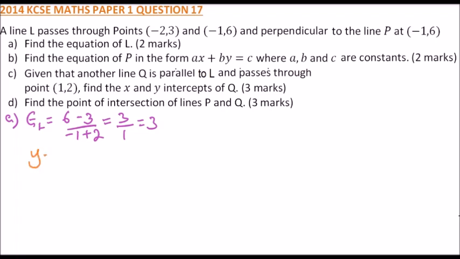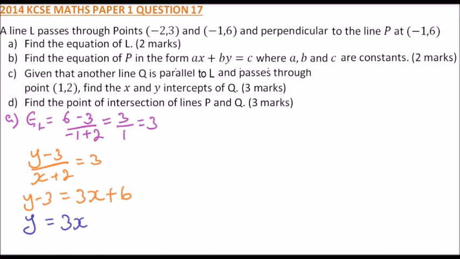So we say y minus 3 divided by x plus 2 is equal to 3. So you cross multiply, y minus 3 is equal to 3x plus 6. Take minus 3 to the other side, it becomes positive. y is equal to 3x plus 9. So that is the equation of L.